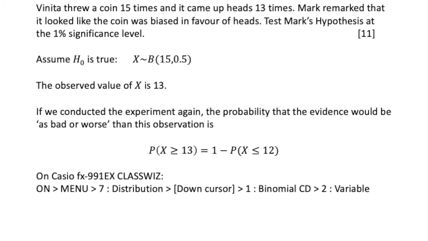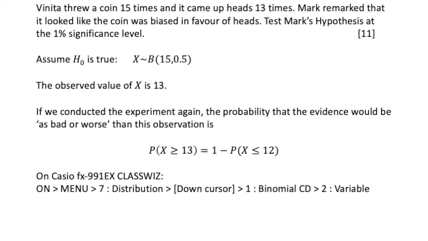Switch it on if it's not already on. Hit the menu button, which is to the left of the on button. Choose option 7, which says distribution. Okay, from there you'll see a menu of 4 options on the screen. You don't want any of those, so you move the down cursor onto a new menu. From that new menu, where there are 3 options, you choose number 1, which is binomial CD.